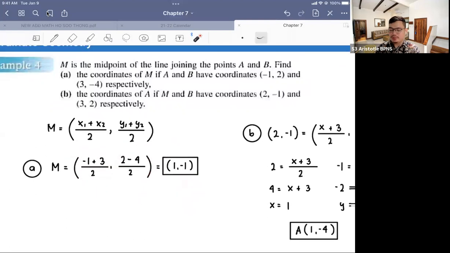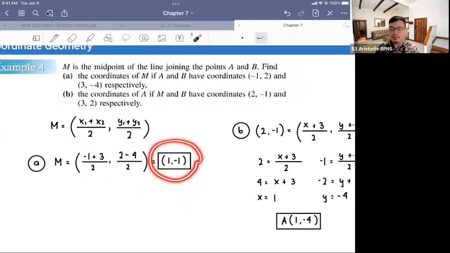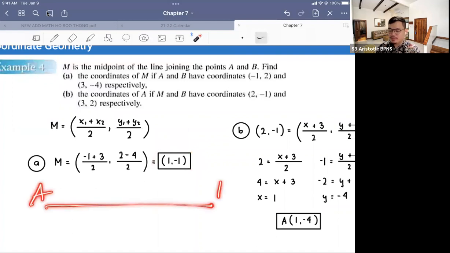So for letter A, the coordinate of point M is at 1, -1. Okay, so again, if you have a line AB, the midpoint is M and its location is 1, -1. All right. Any question, class, for letter A?